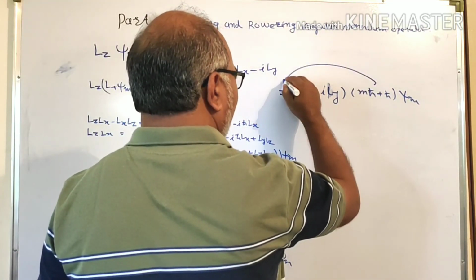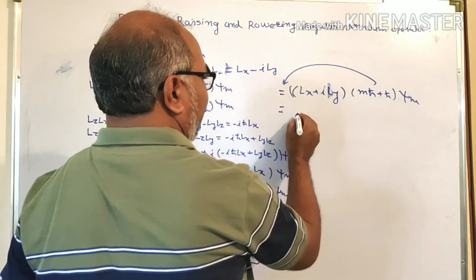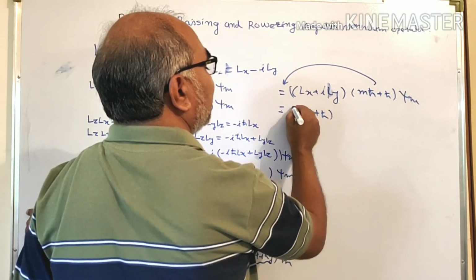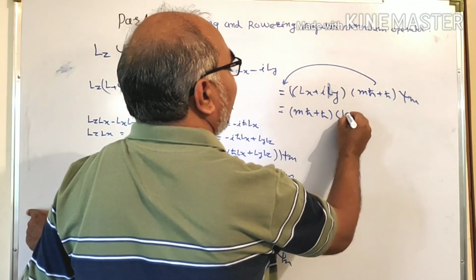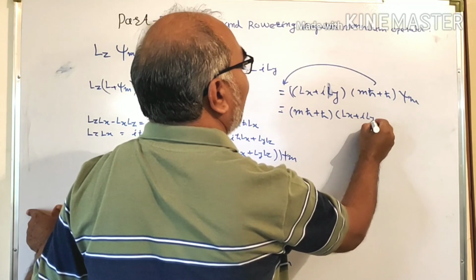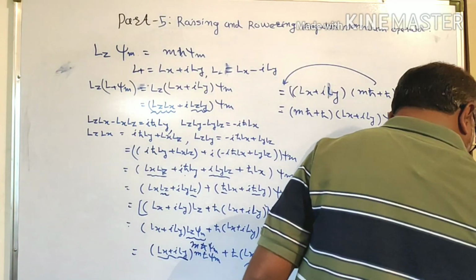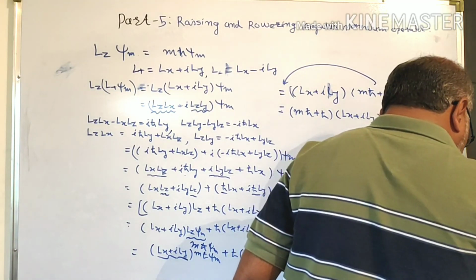This is a constant, so we take it as a scalar multiplier: (mħ plus ħ) (Lx plus iLy) psi m.